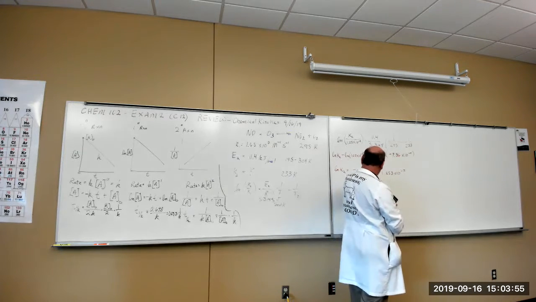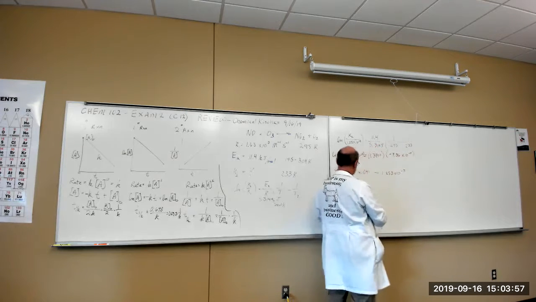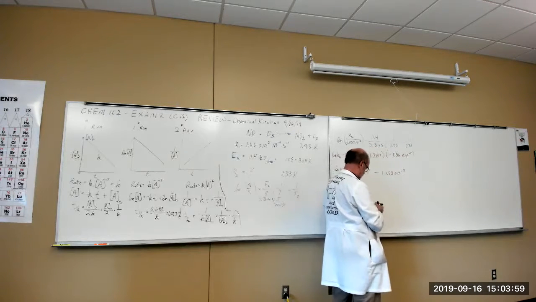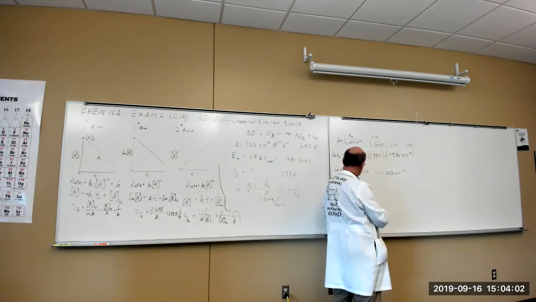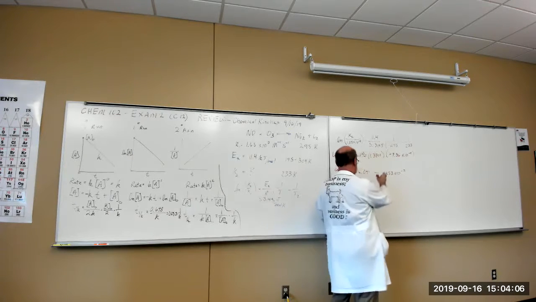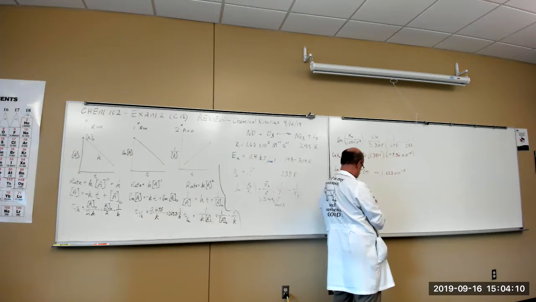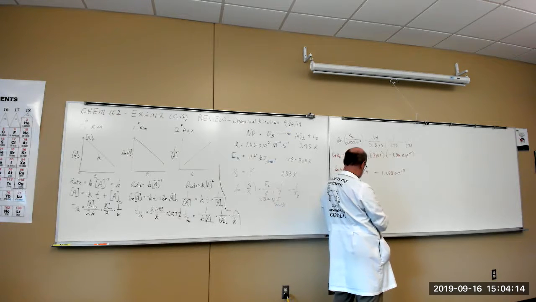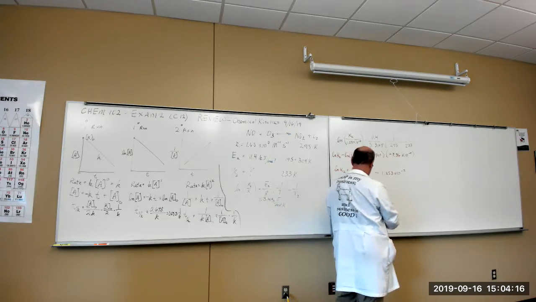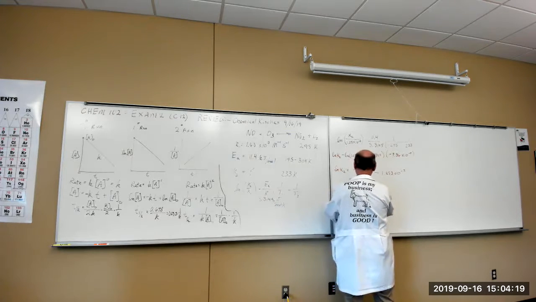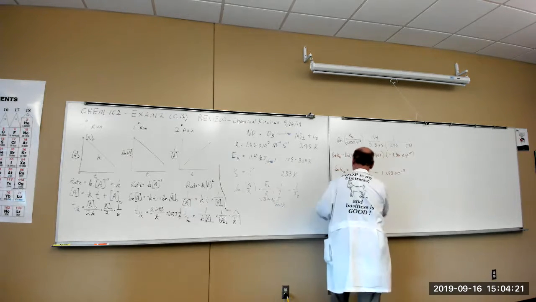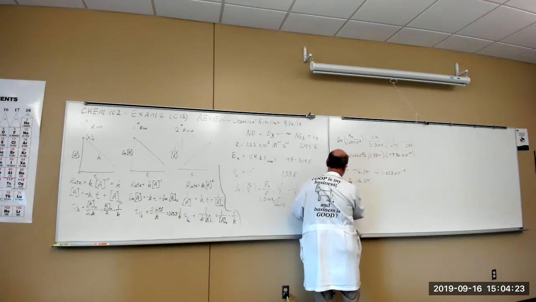We take that one, subtract from this one. Actually, we add that one to this one, and it's still a negative. 16.04. Okay, so that's K2.